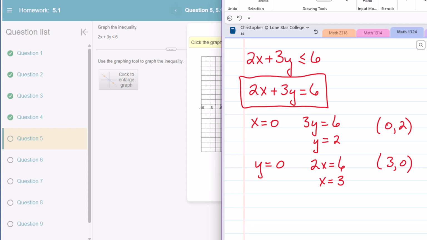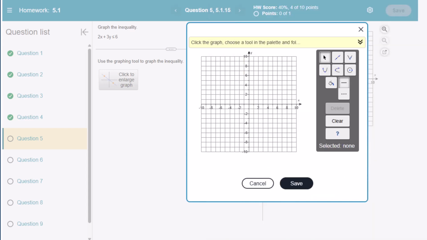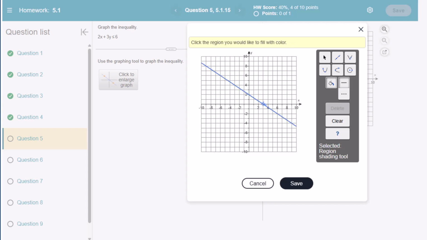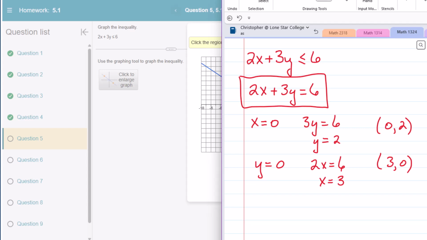So I simply am looking for the x and y intercepts. So let's come back. 0, 2 and 3, 0. There we go, so there's my line. One side will work, the other one will not. I need to figure out which way to shade. I'm noticing 0, 0 is not on the line, so let's try it out. 2 times 0 plus 3 times 0, is that less than or equal to 6?